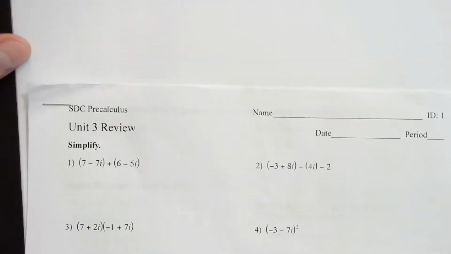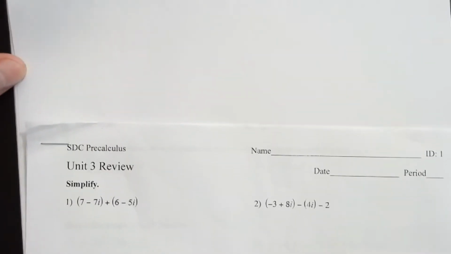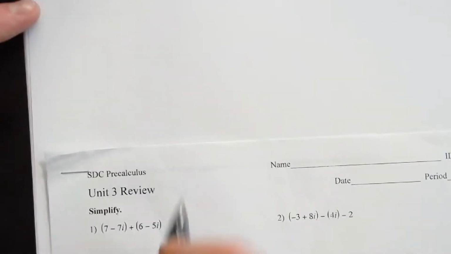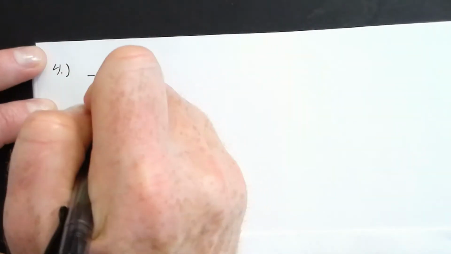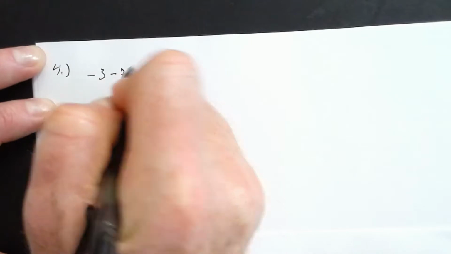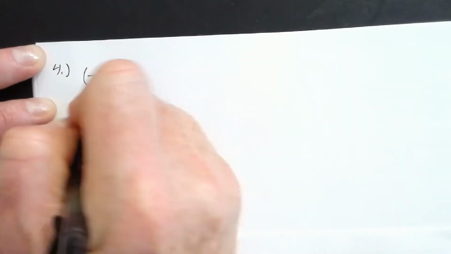Number 4. So number 4 is -3 minus 7i squared.